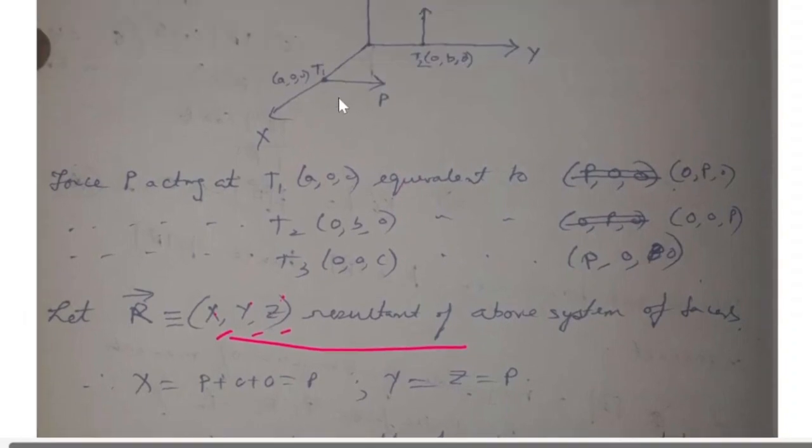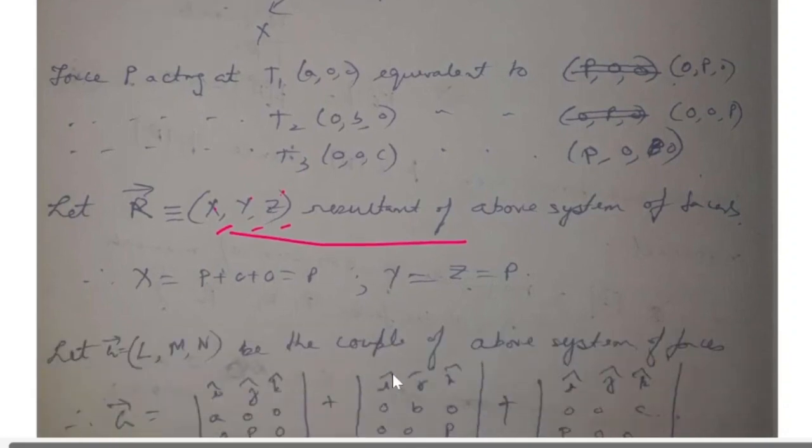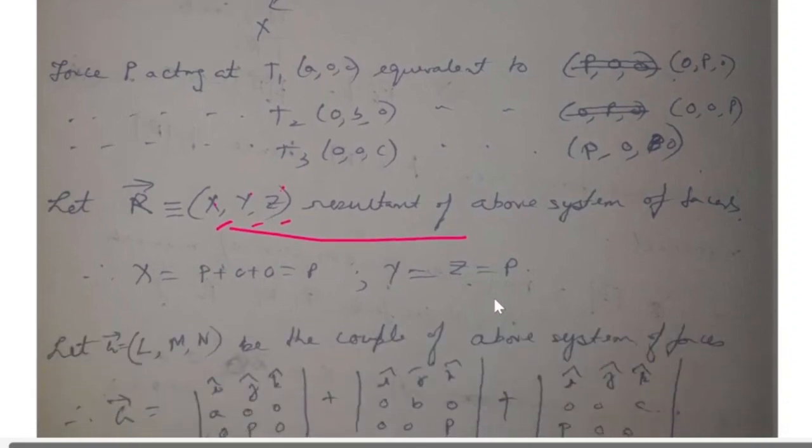This force is perpendicular to the x-axis, so it has zero component along the x-axis. This one is also perpendicular to the x-axis because it is parallel to the z-axis, so it will not have any component along the x-axis either. So along the x-axis we only have one force, so X equals P plus 0 plus 0. Likewise for Y and Z.